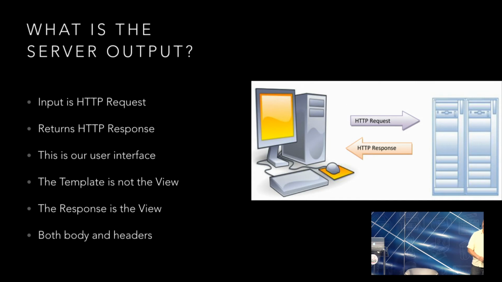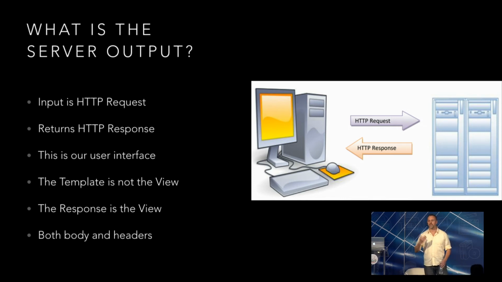So let's think about the view as being the server output. In doing so, let's think about what the input is to the server. In a client-side system, the input is mouse clicks, keyboard presses, that kind of thing. And its output is something that gets drawn on the screen. In a server-side application, what is the input? The input is an HTTP request.